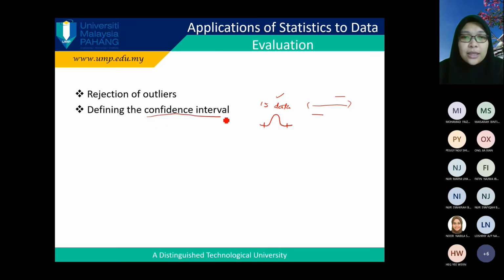If the data is within the limit, you can give the results to your customer that their data is acceptable. If it is outside the confidence interval, you need to advise your customers whether they need to supply another sample or they want to reject one sample from the 5 samples given. It depends on the customers. But you as a chemist need to advise your customer based on the results from the statistics data. Okay, next.